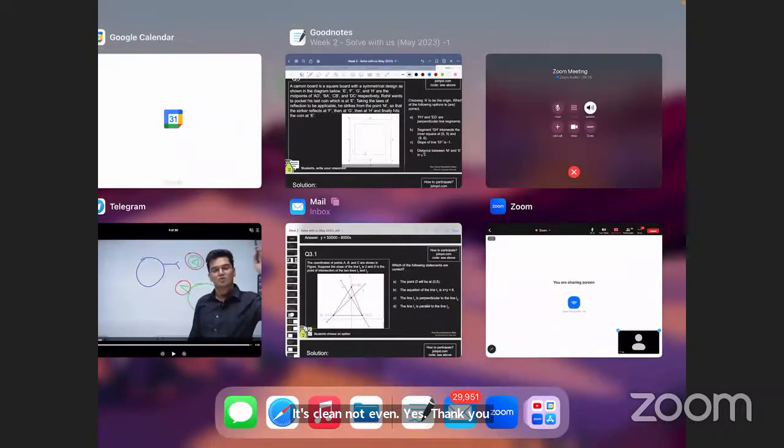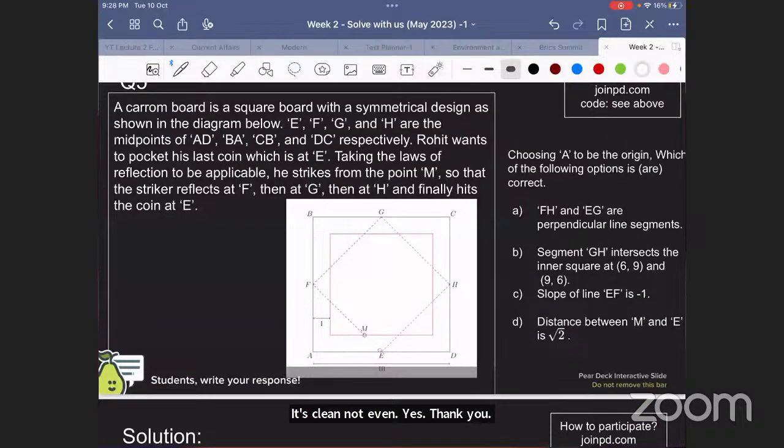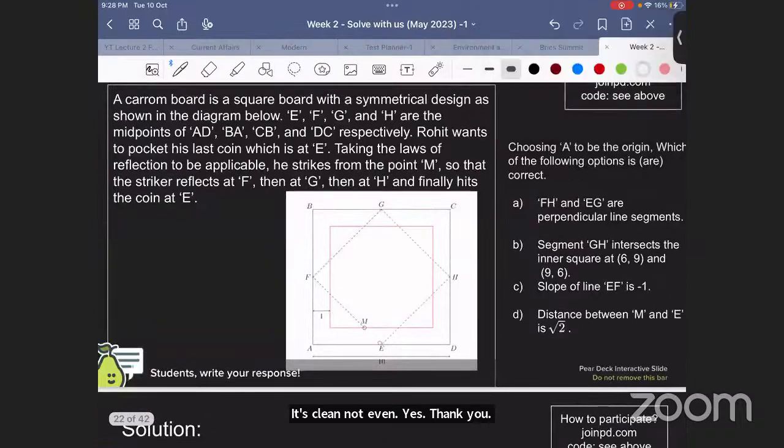So now you have the data points. Basically, you can write this as 0, 0, correct? D, can you write it like 10, 0? Yes, sir. Correct.